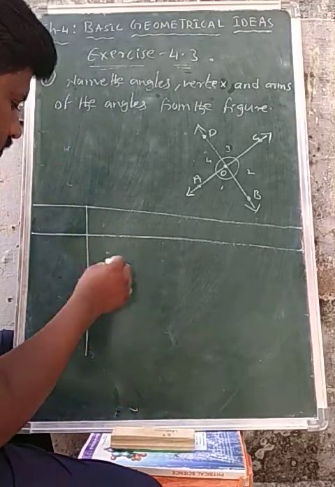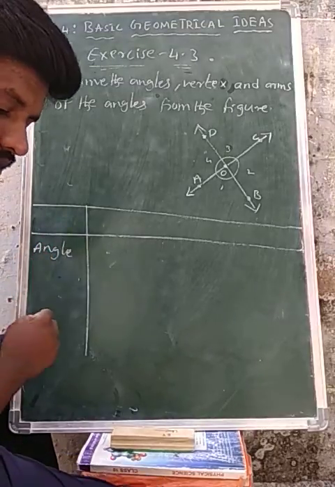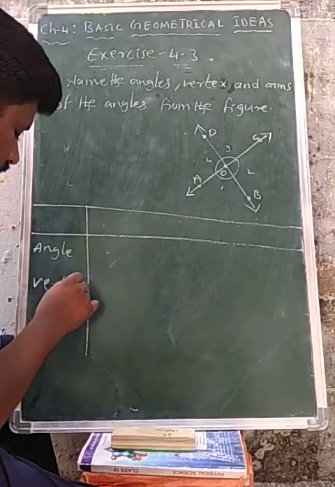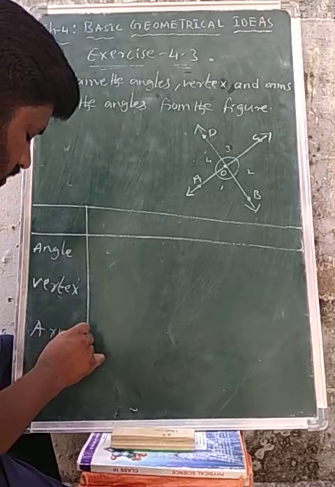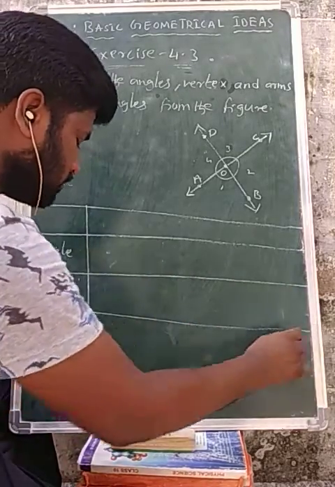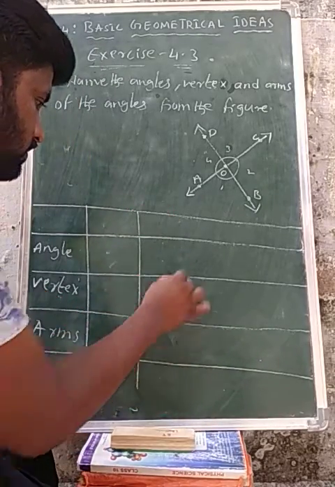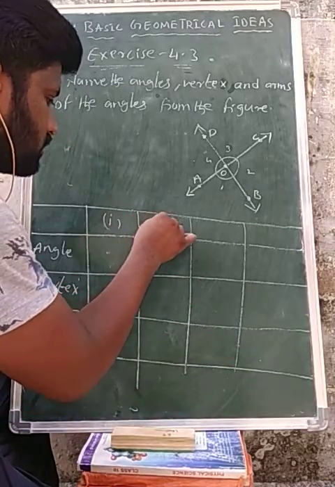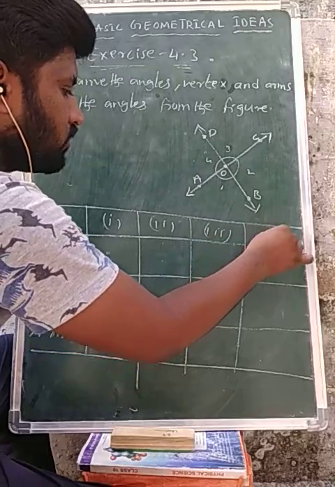The first column is angle, the next one vertex, and the next one arms. Like this the table is given. So this is 1, 2, 3, 4.